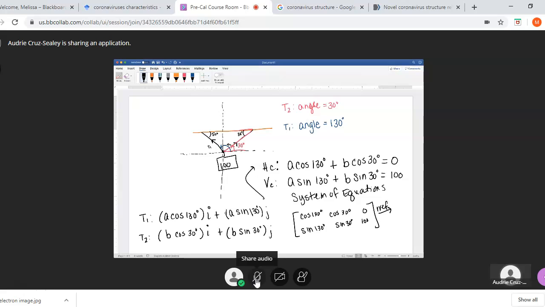I know for sure it's a matrix. Maybe I didn't put it in right. Does anybody know how to do matrices? No, that's right. Cosine 30. Nope, that's right. Sine 130.